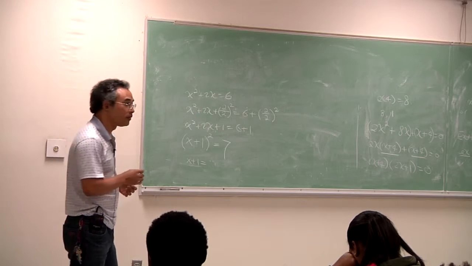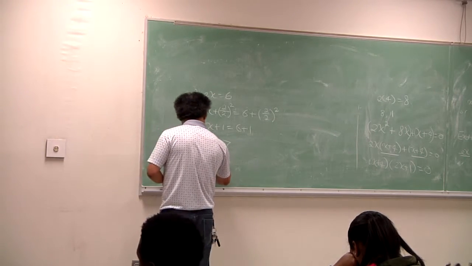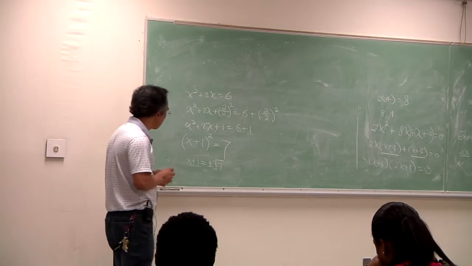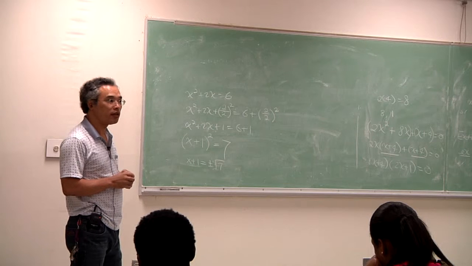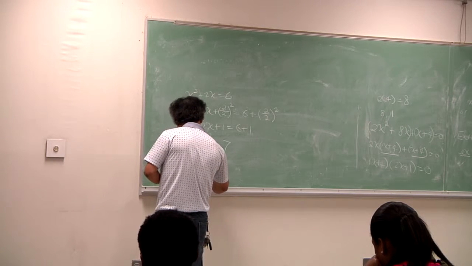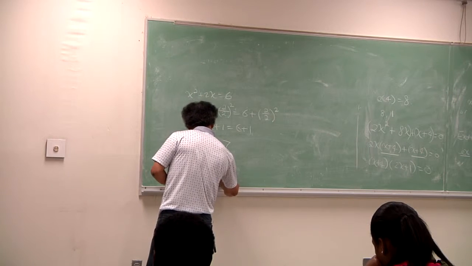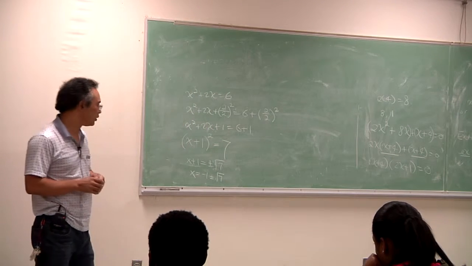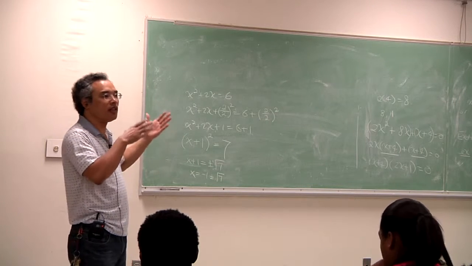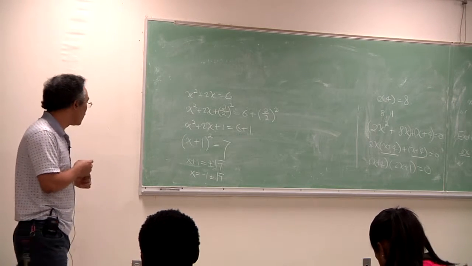That's it. So we got x plus 1 equals plus or minus square root 7. Now you subtract 1 from both sides, so x equals negative 1 plus or minus square root 7. You cannot combine negative 1 and square root 7, they are not like terms. Okay, so that's the solution.